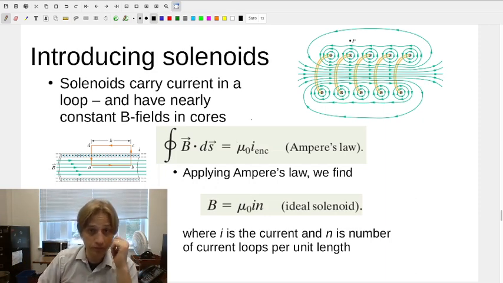So if we use that, we can very easily find the equation for the magnetic field you would expect inside of a solenoid.